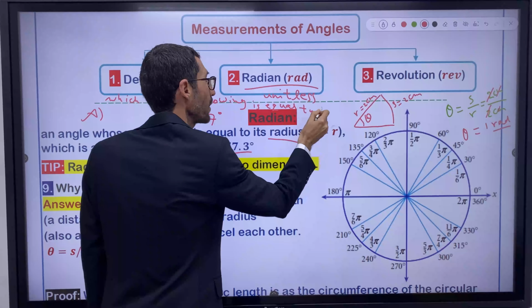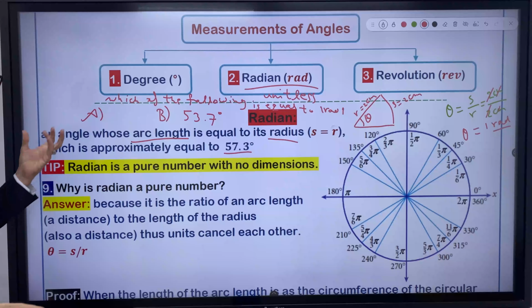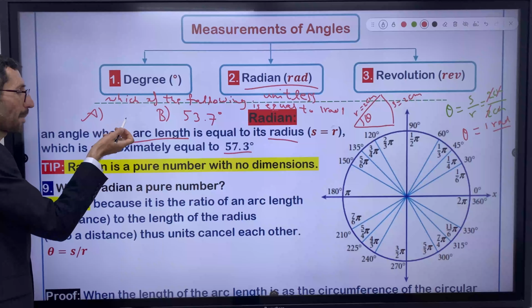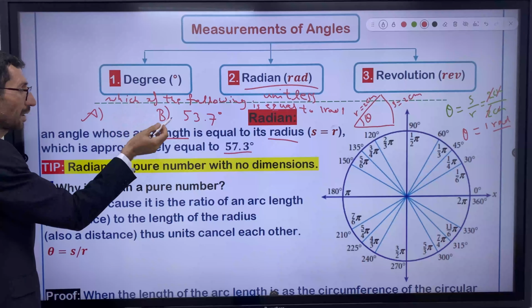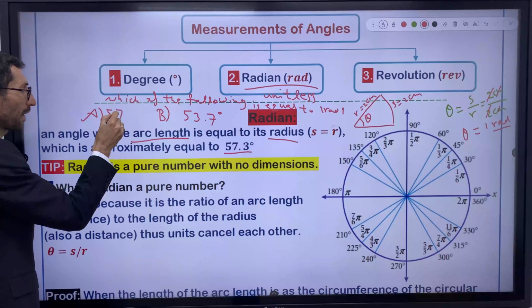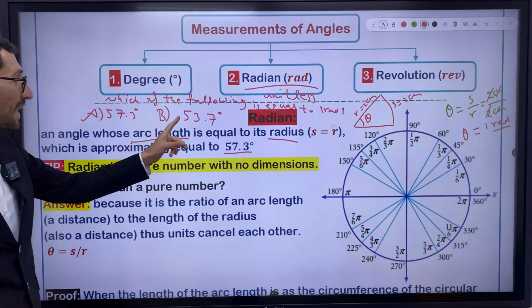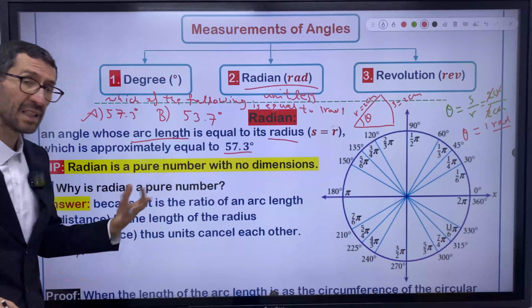Which one is equal to 1 rad? The first one, for example, 57.3, B, 53.7, C, whatever, and D.